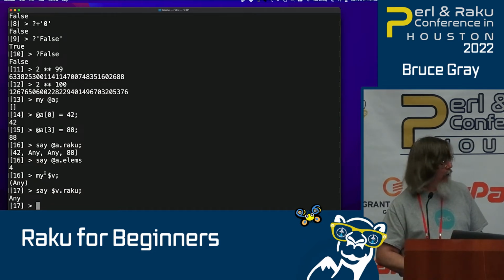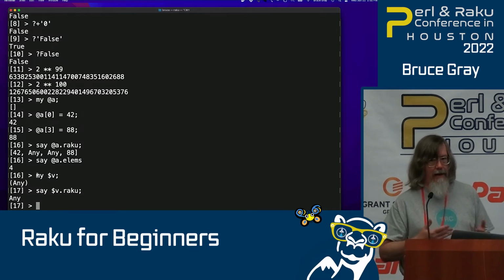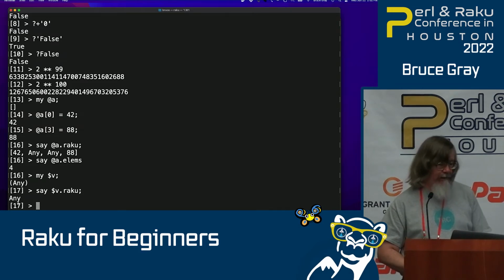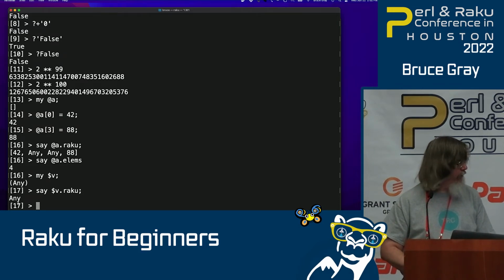The REPL, if you do something that has a value as its result, it will try to show you the value even if you don't ask for it. But I don't think it's a good habit, so I try to always not rely on it. So I have an untyped variable. I haven't assigned to it. It holds any.